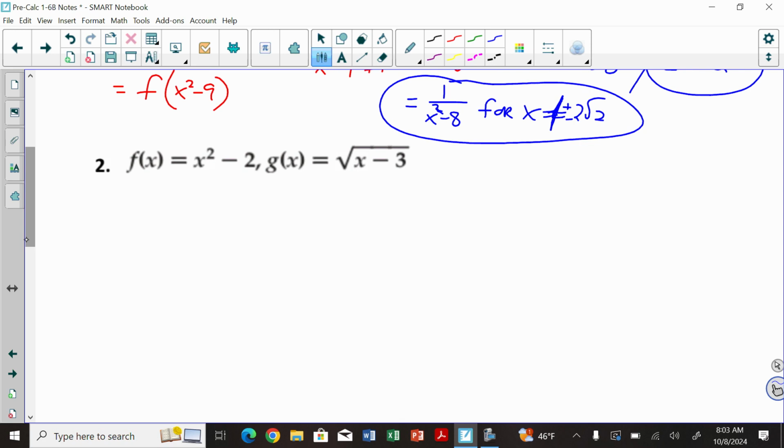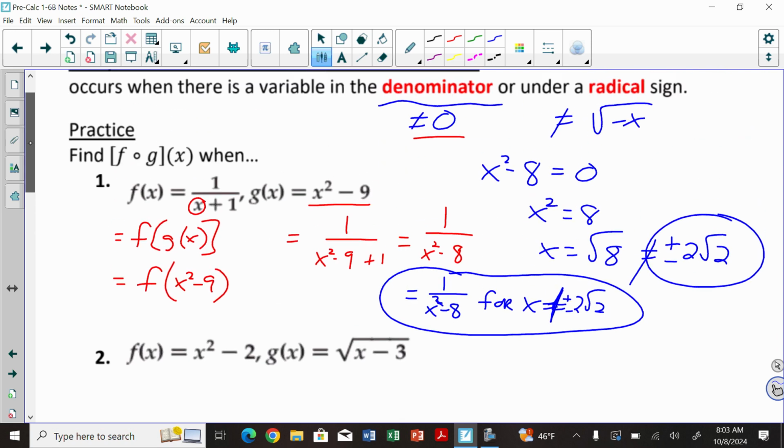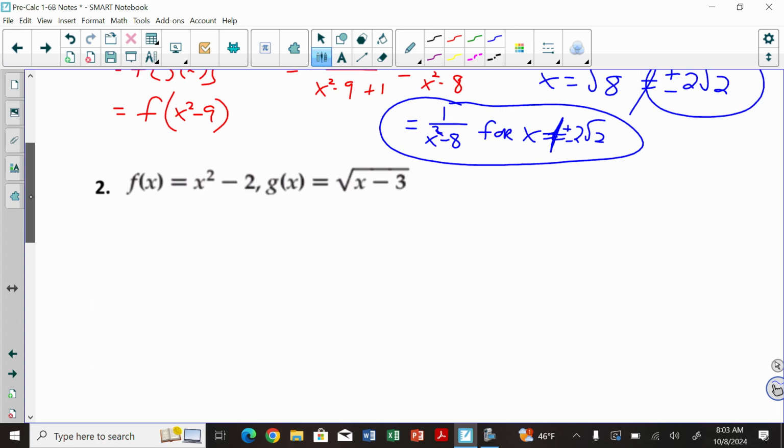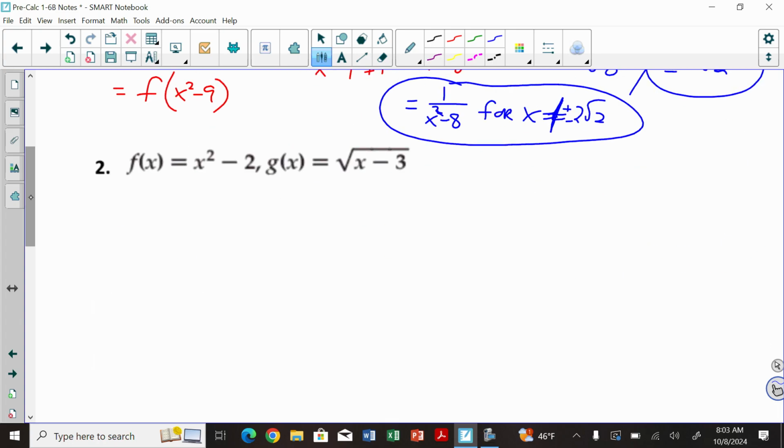Again, we're trying to find f of g of x here. So when we do this one, we're looking at f of g of x. Really, it's going to be f of the g function, which is the square root of x minus 3. And then we plug that into the function.